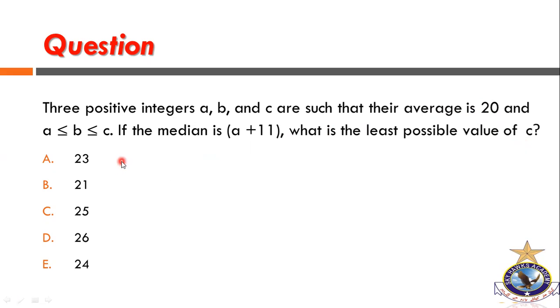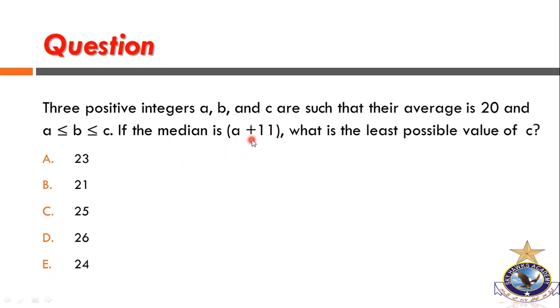And the second, although these are only three numbers A, B, C, this is the most important condition: B lies between A and C, inclusive. So they are included in that. Once again, converting average, the median is there: A plus 11.